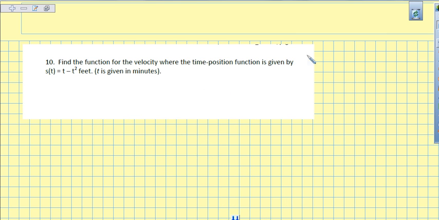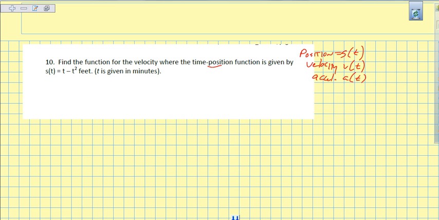Let's see, I wanted to reemphasize something that I mentioned in class, that the position function is sometimes written s of t, and the velocity function sometimes is written v of t, and acceleration is a of t.